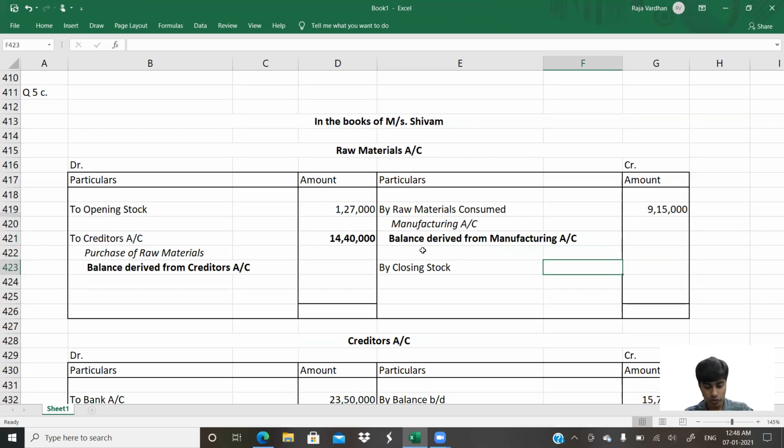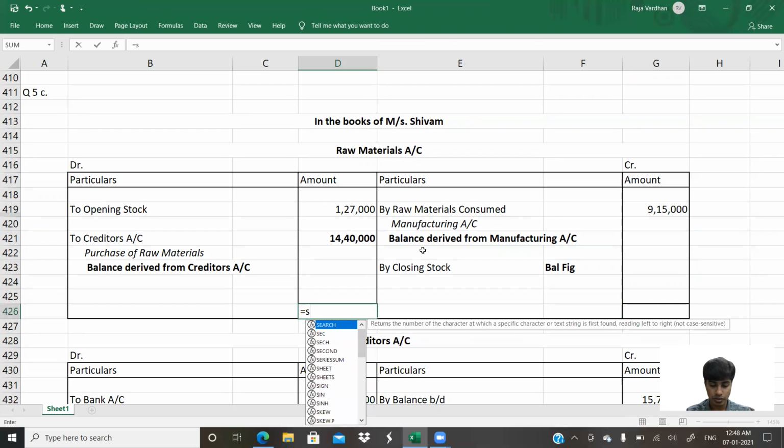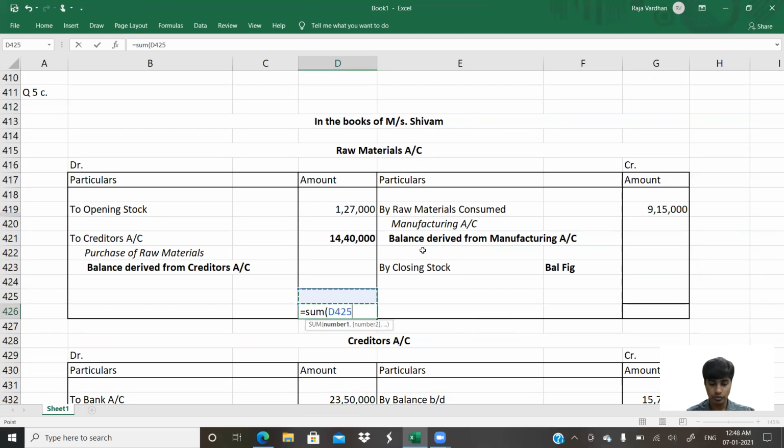Now ultimately I'll find my closing stock as balancing figure. 9,15,000. So there is shortage. That shortage is 15,67,000 minus 9,15,000. That gives me 6,52,000, which is my closing stock.